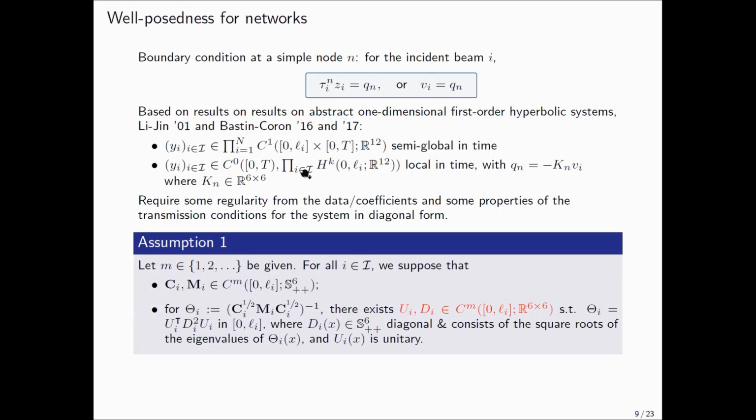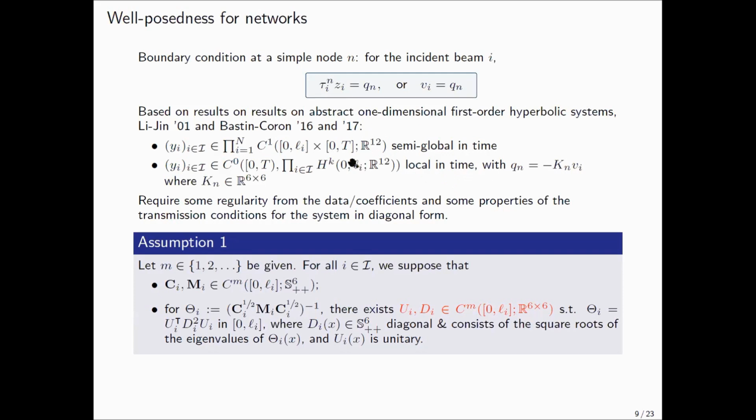I don't want to go into details on the well-posedness, but you can show that there exist local in-time solutions for the system, so for short time intervals. You can also show that there exist semi-global solutions. That means that you can choose any time interval where you want a solution, you will have one, but the initial and boundary data must be small enough, where the smallness will depend on this time interval.